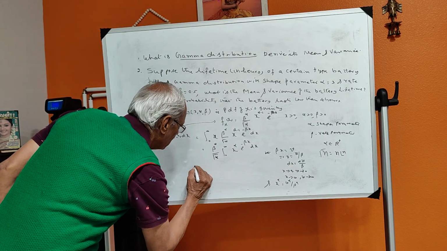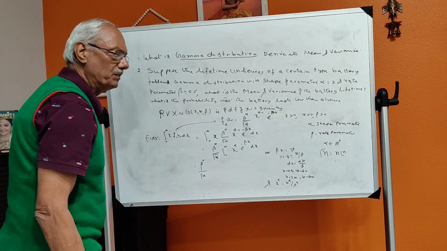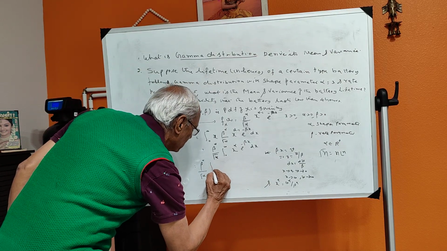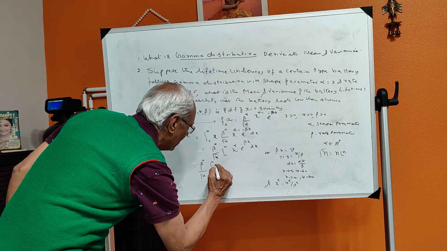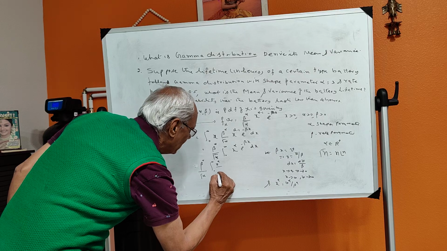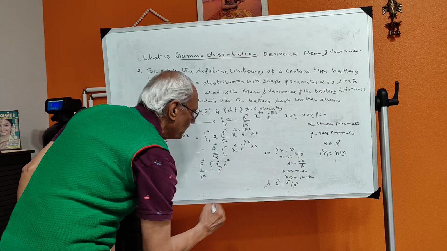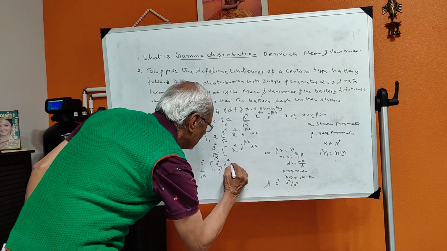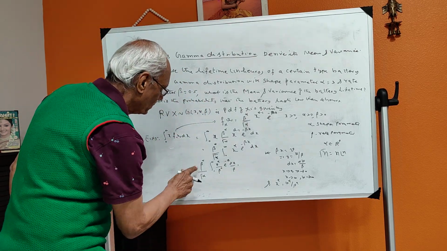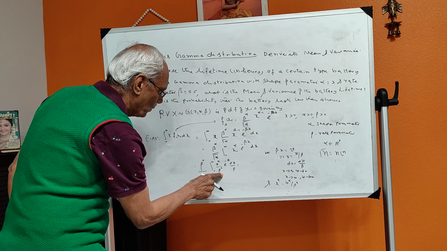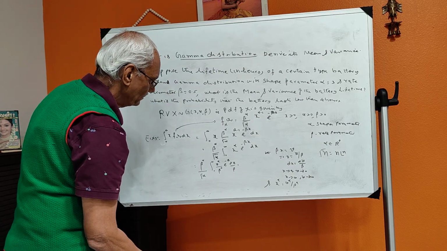Now this will become beta to the power of alpha divided by gamma of alpha, into the integral from 0 to infinity. In this, x to the power of alpha is v to the power of alpha divided by beta to the power of alpha, into e to the power of minus v, and dx is dv by beta. So this beta to the power of alpha and this beta to the power of alpha will go off, and you will be left with beta here.